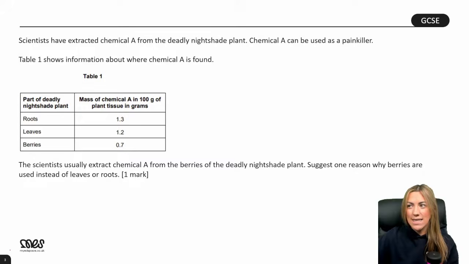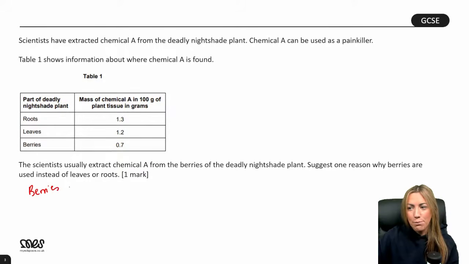Scientists have extracted chemical A from a deadly nightshade plant. Chemical A can be used as a painkiller, and table 1 gives us information about where chemical A is found. The scientists usually extract chemical A from berries. Suggest 1 reason why berries are used instead of leaves or roots. Now, there's lots of alternative ways to get this mark.